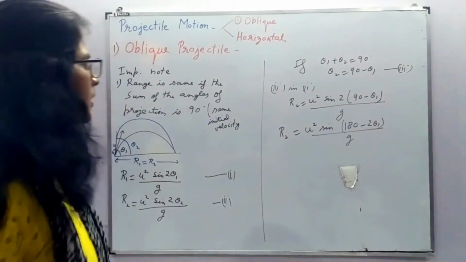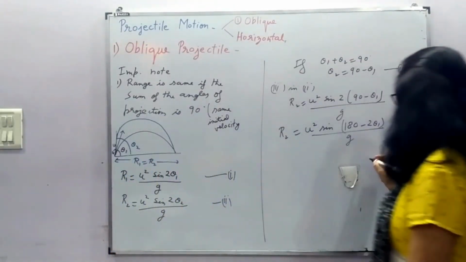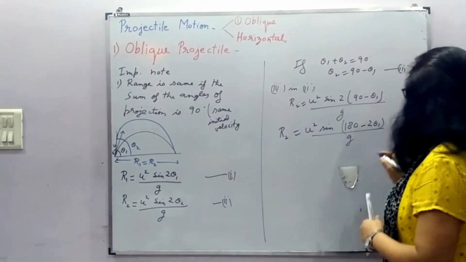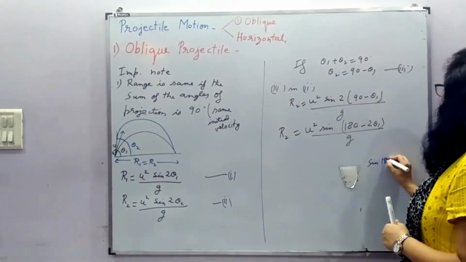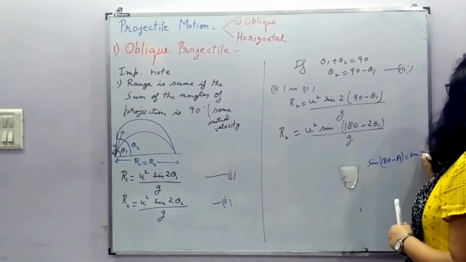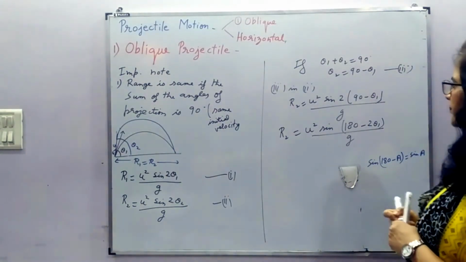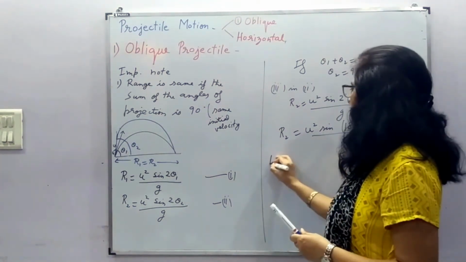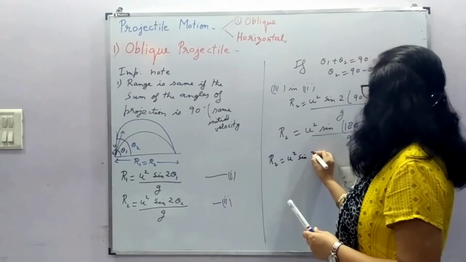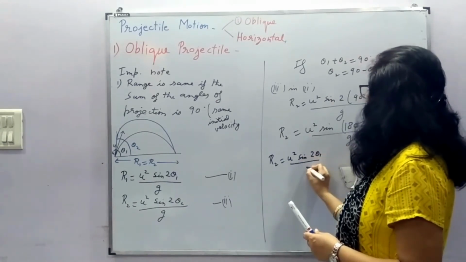You know that? So I can write the formula here. Sin 180 minus angle is equal to sine of that angle. So I can write here R2 is u square sine 2 theta 1 upon g.